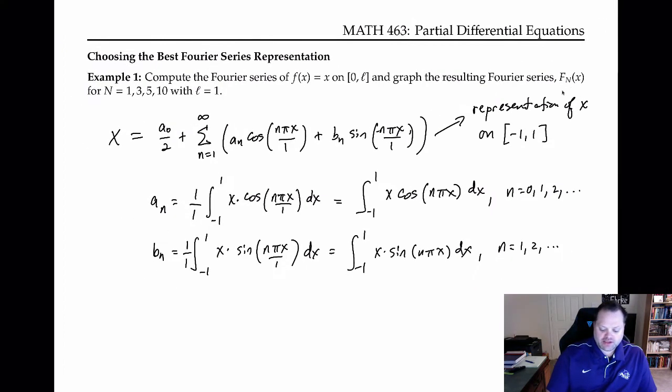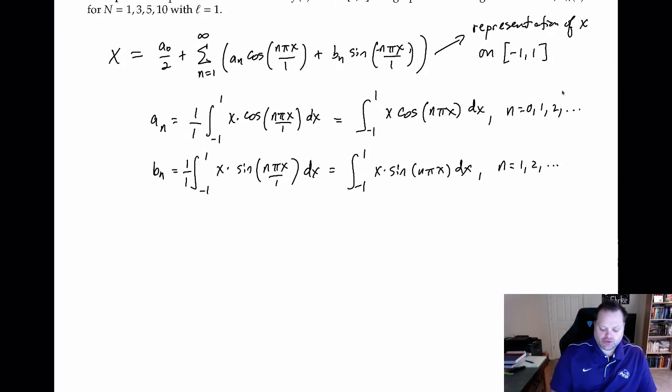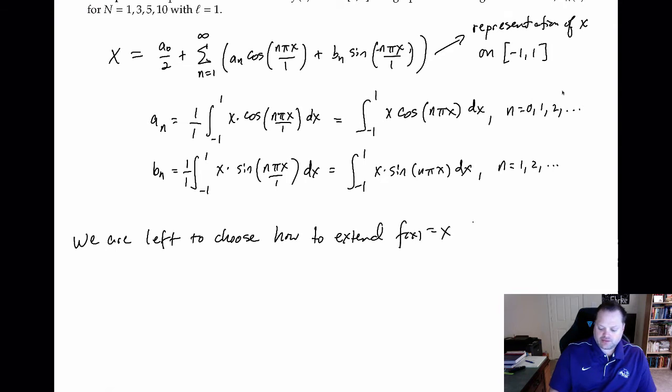Well, we talked about extensions a little bit earlier in the course. The idea is we are left to choose how to extend the function x to the interval from minus 1 to 1, and there are 3 classical options.